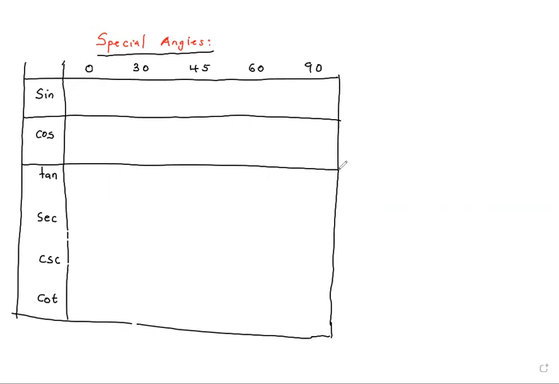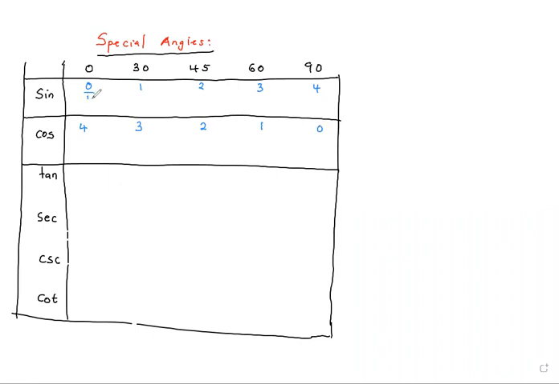Sine 0. To have an easier way, you say, okay, why can't I just count from 0, 1, 2, 3, 4. And for cos, I'll count in reverse: 3, 2, 1, 0.